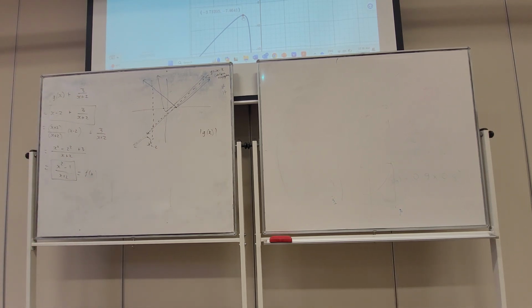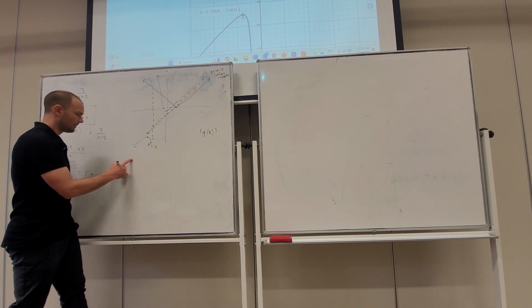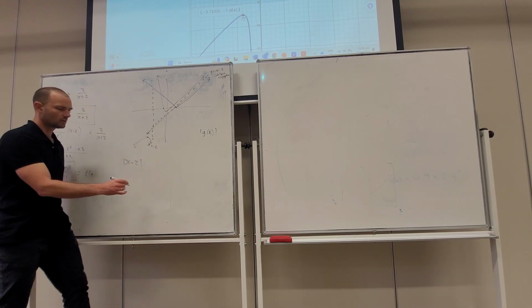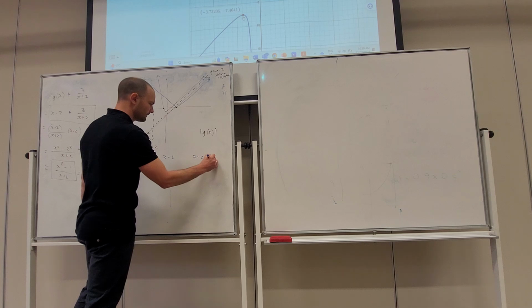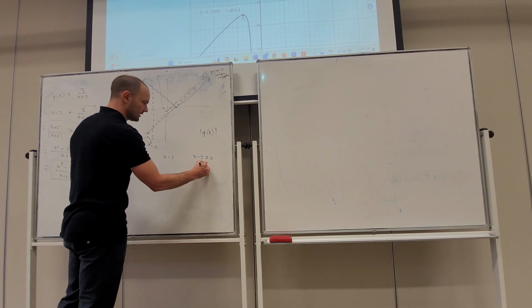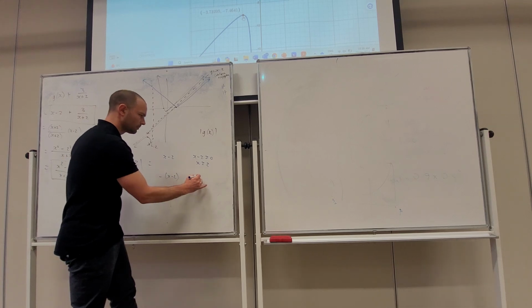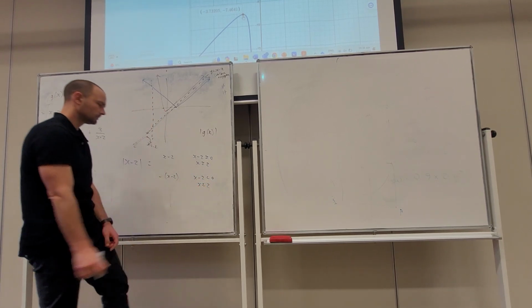Now, you can copy it from your calculator, but if we want to define it in terms of absolute values, right? So if we have the modulus of x take 2, that's going to equal x take 2 provided x take 2 is positive, which is x is larger than 2. And it's going to be minus x take 2 provided x take 2 is negative, which means x is less than 2.